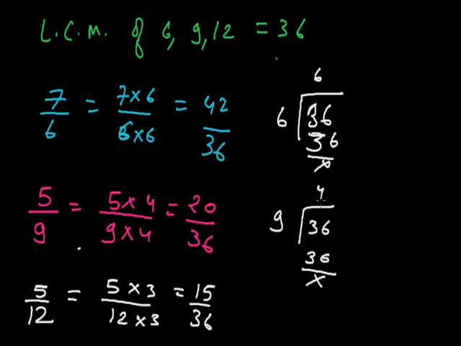So here you have multiplied by 4. In the same way, we divide 36 by 12 and we get 3. So here we have multiplied by 3. In this way, we have converted all three fractions into like fractions since the denominators are the same. On the next turn, we will study the comparison of fractions.